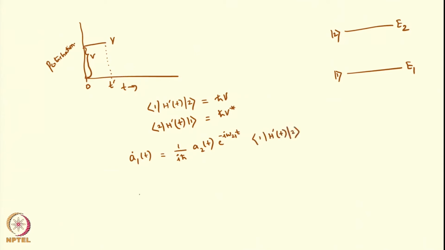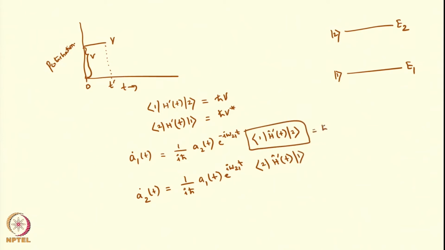The other equation was A2 dot t is equal to 1 by I h bar, A1 of t e to the power of I omega 21 t, 2 h bar h prime t 1. Now, this integral of course is equal to h bar v and this integral equals h bar v star. Okay. Then what happens?